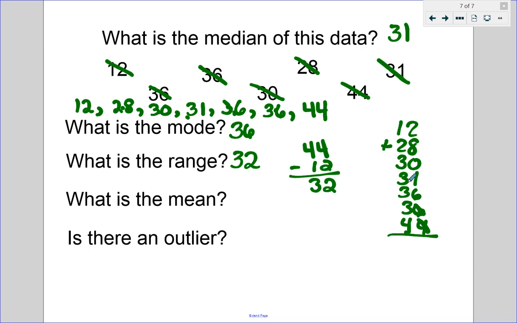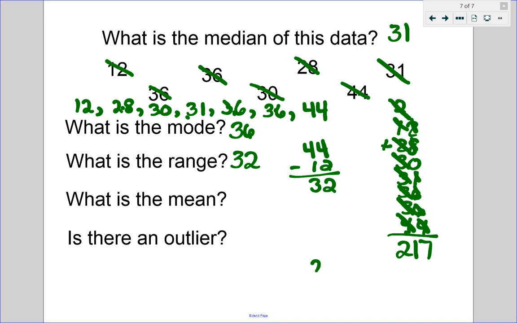So 10 and 10 is 20, plus 7 is 27. Okay, then I have 3, 6, 9, 12, 15, 16, 17, and 4 more gives me 21. So I have 217. Now what do I do next to find the mean? I have 217. What do I do to that?